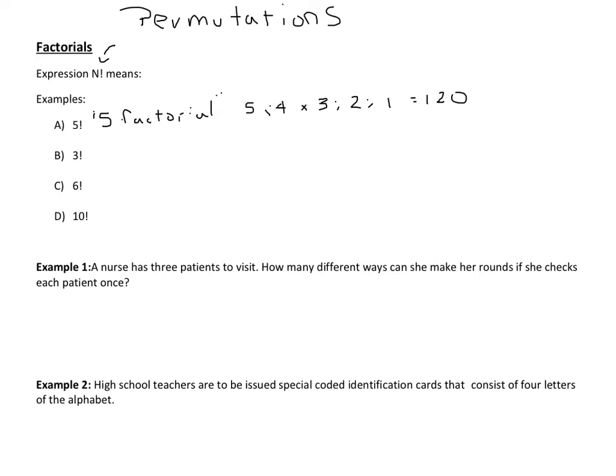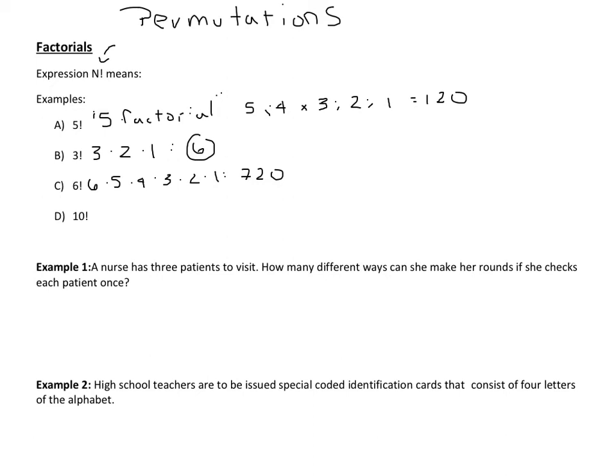3 factorial, that means 3 times 2 times 1, or 6. 6 factorial means 6 times 5 times 4 times 3 times 2 times 1, which is 720.